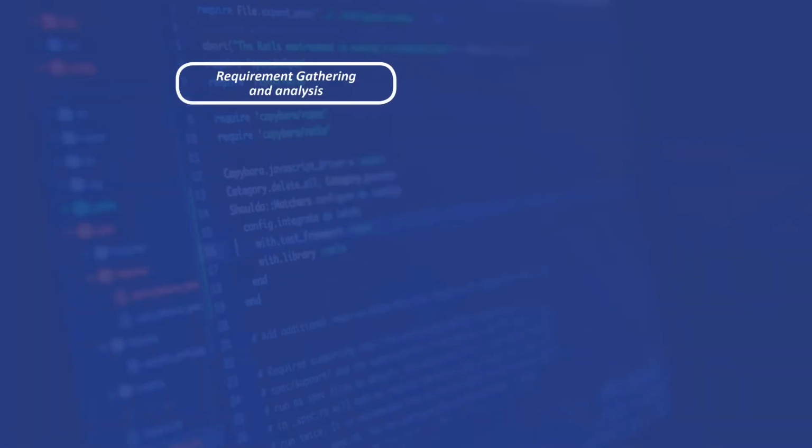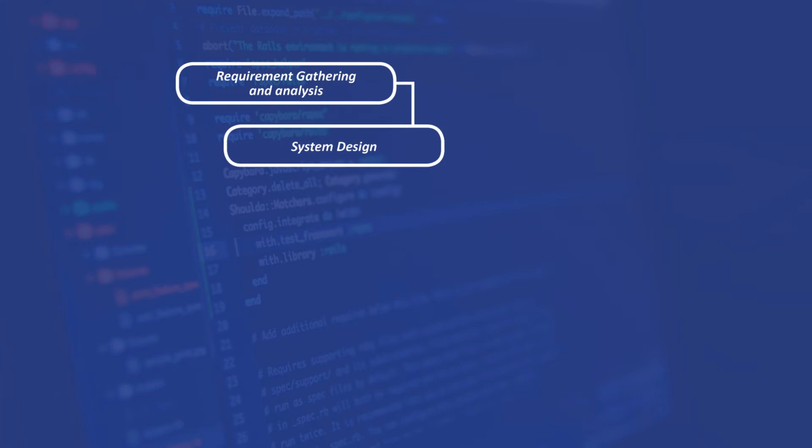The sequential phases in waterfall model are the following. First is requirement gathering and analysis, wherein all possible requirements of the system to be developed are captured in this phase and documented in a requirement specification document. Next is system design. The requirement specifications from the first phase are studied in this phase and the system design is prepared.